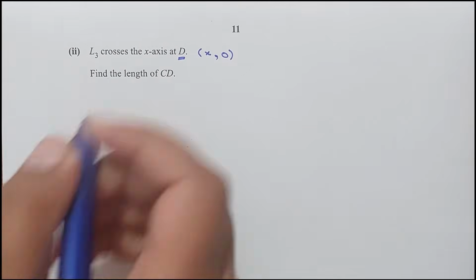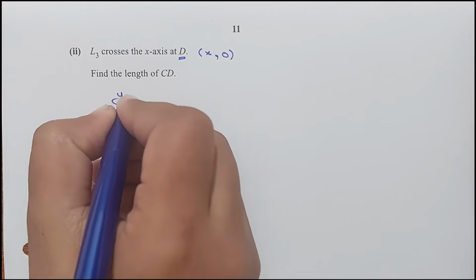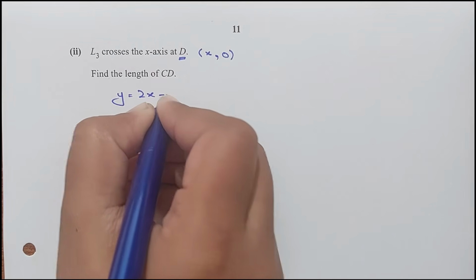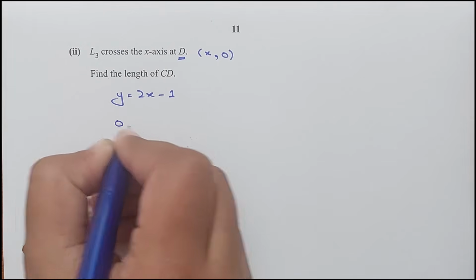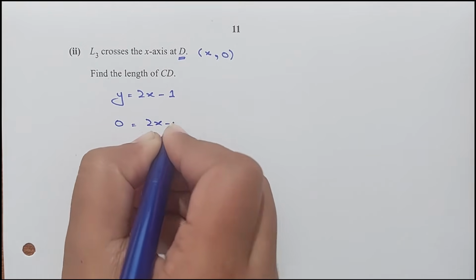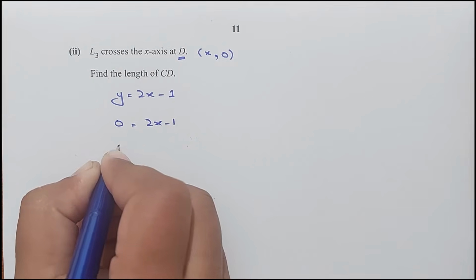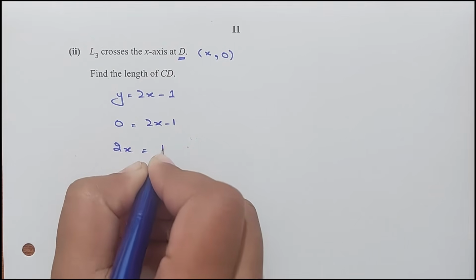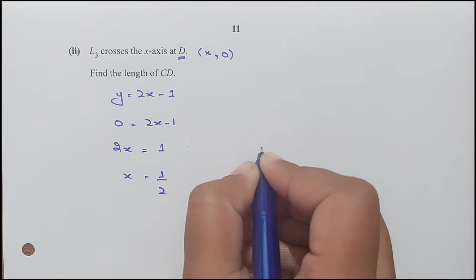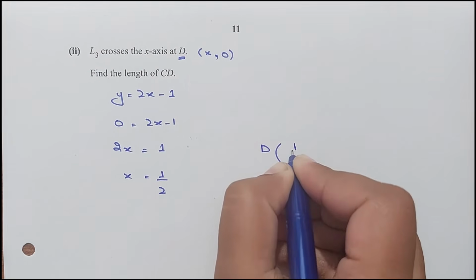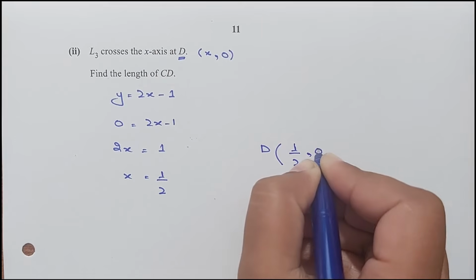We have the equation of line L3, y = 2x - 1. Now let me solve for x when y = 0: 0 = 2x - 1. So 2x = 1 and x = 1/2. So the point D is (1/2, 0).